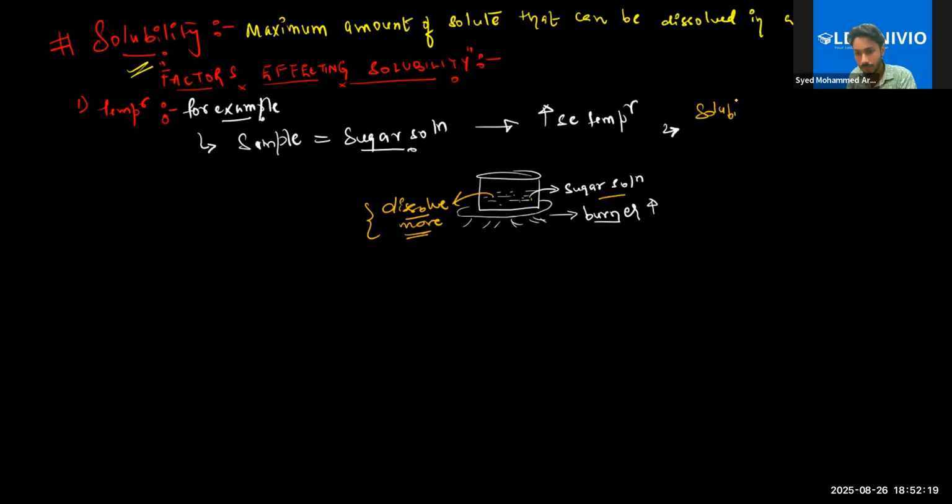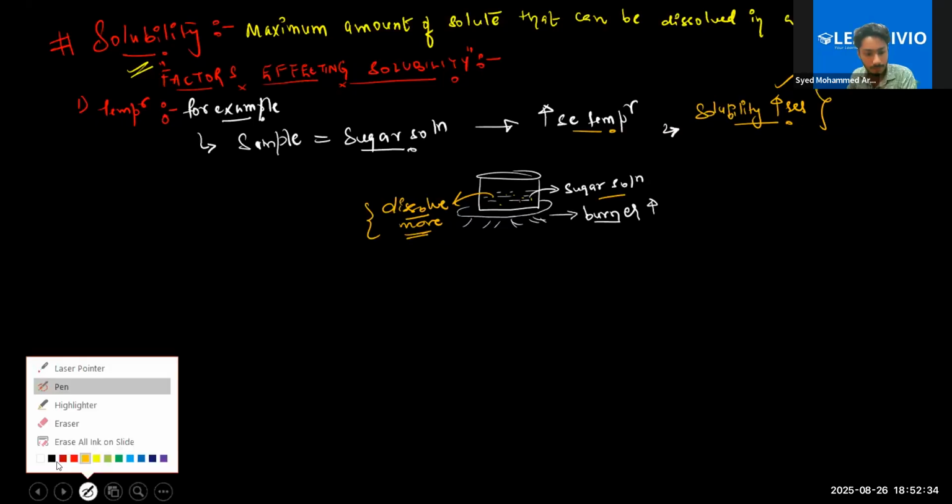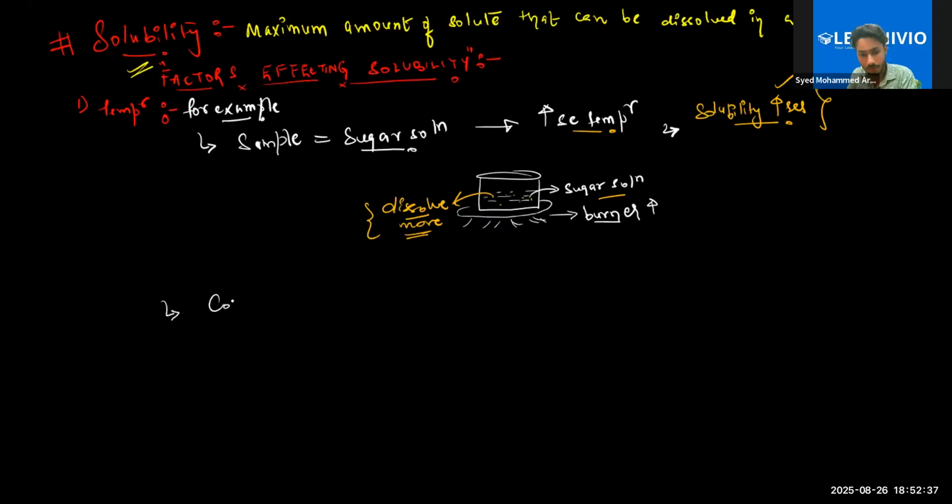Solubility increases. Now, what I need to tell you is, I am having another example. Like if I'm having a cold drink, and in that cold drink, I'm having a solution of gas, which is my CO2, and the drink part is the solvent, the sweet drink that is there in the solution.